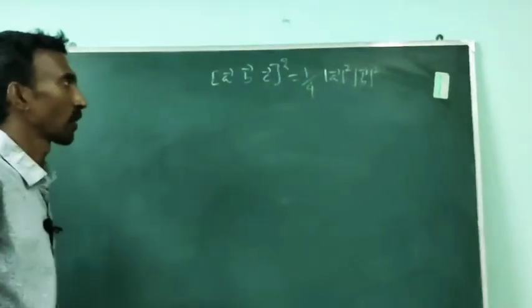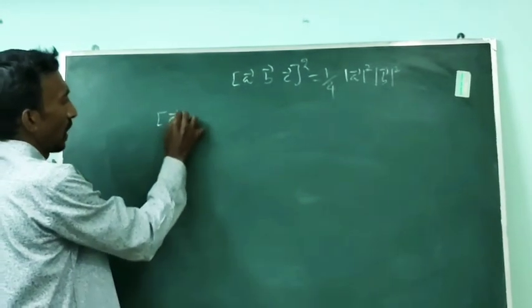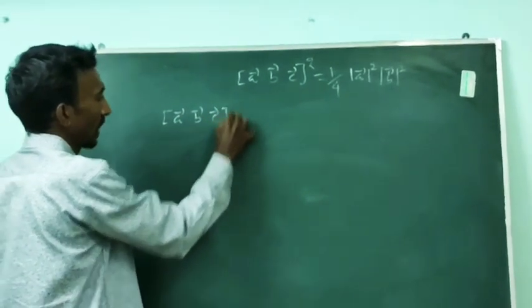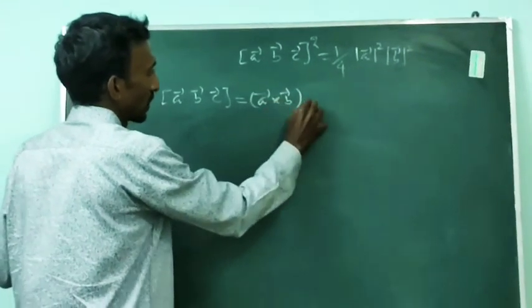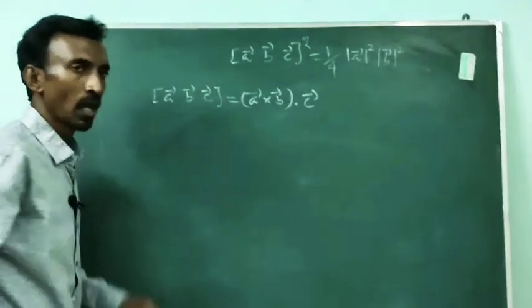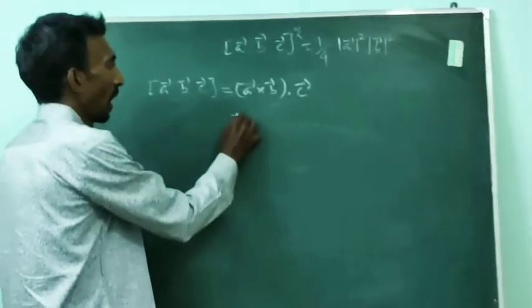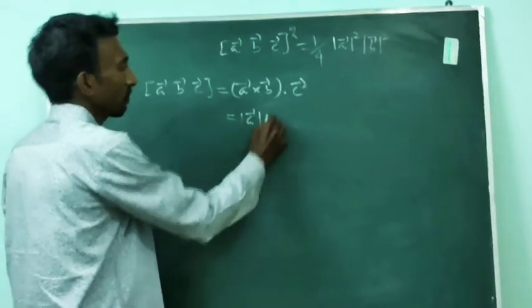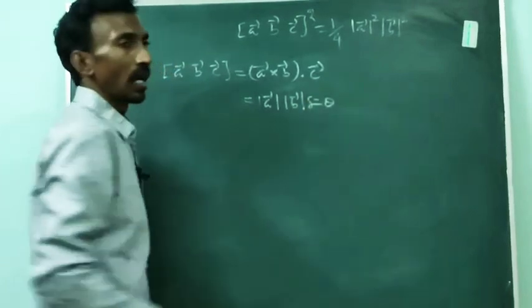Okay, so first the box product a vector, b vector, c vector can be written as a cross b dot c, the scalar triple product. So what is a cross b? According to the definition, it is magnitude of a into magnitude of b into sin theta into n cap.